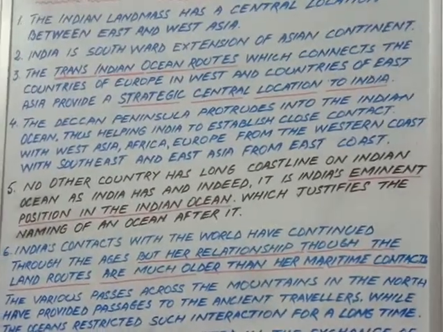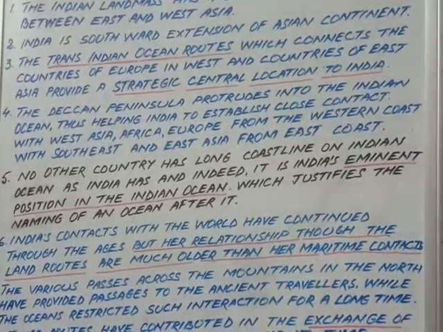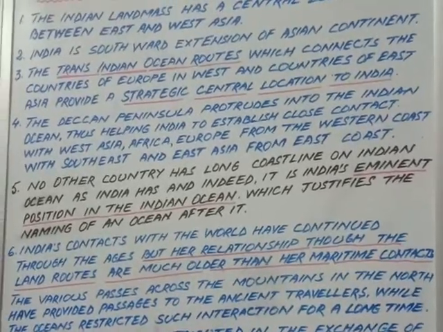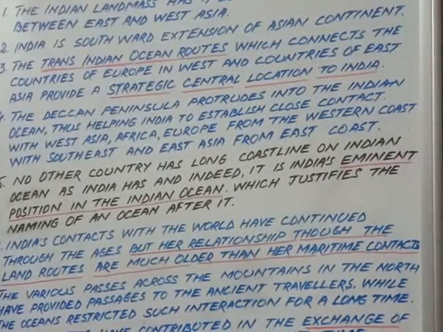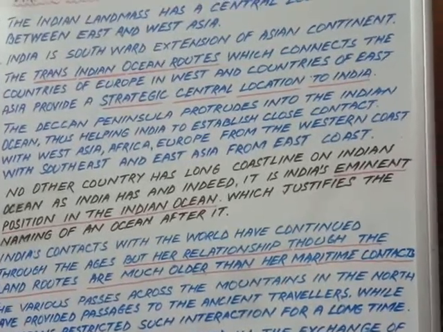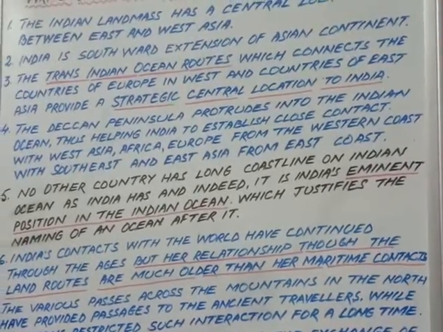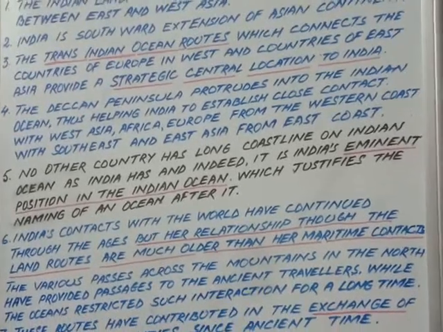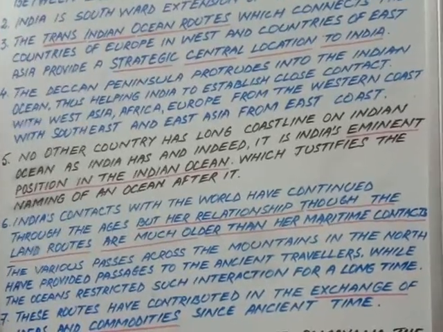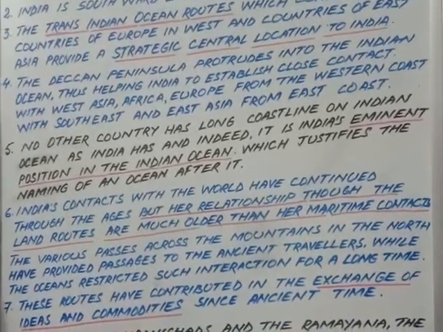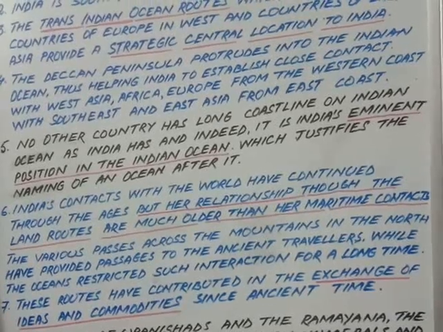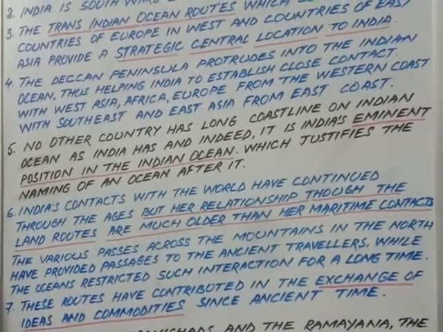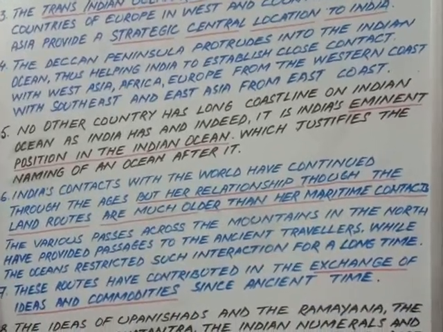So we had a long history of trading with the rest of the world, and this was done through land routes. Now we also have it through the sea route, and this sea route has been developed much later than the land routes.